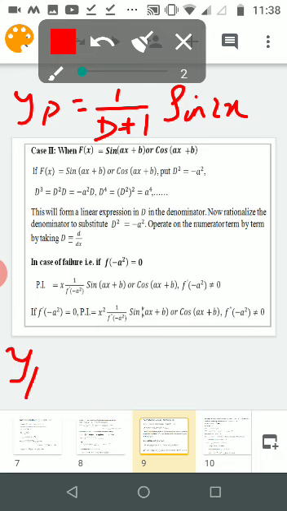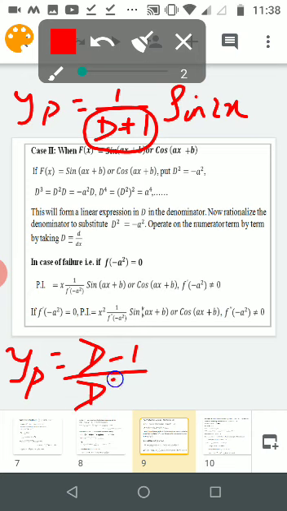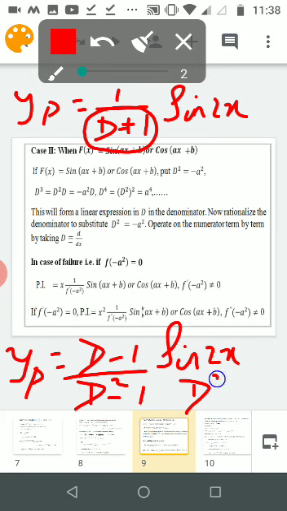So yp becomes, multiplying and dividing by D minus 1, D minus 1 upon D square minus 1 operated on sine 2x. Where I see D square, I replace D square by minus 2 square, which is minus 4.